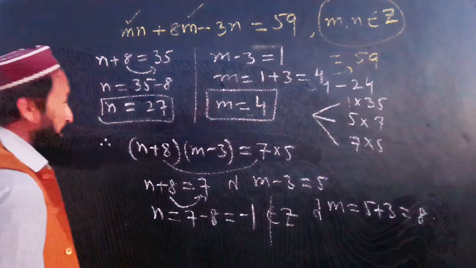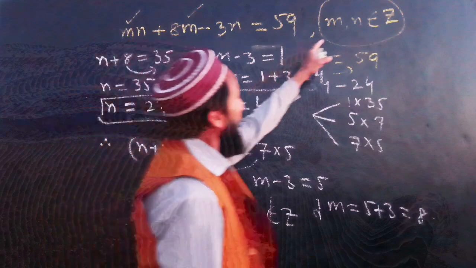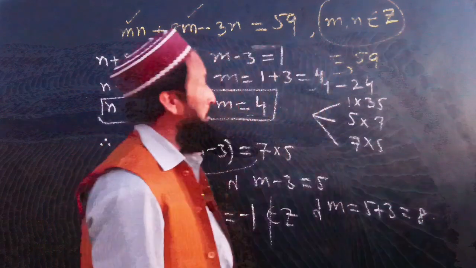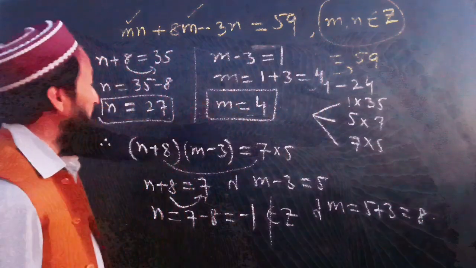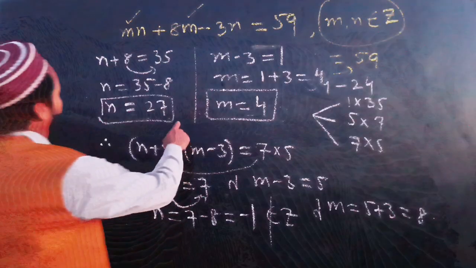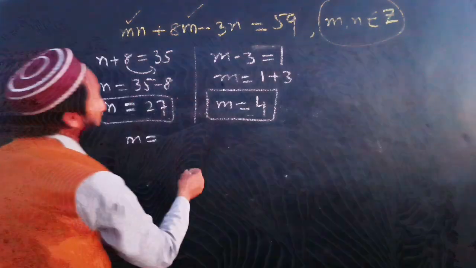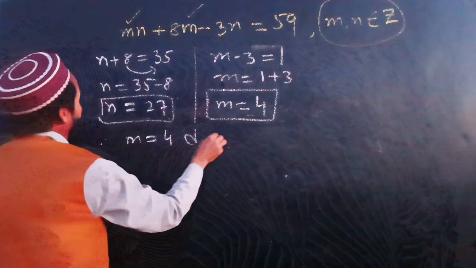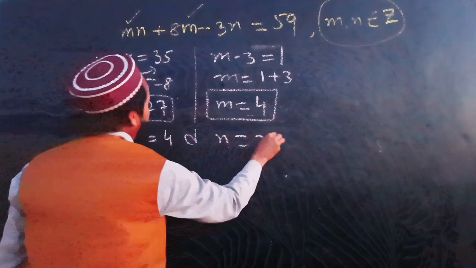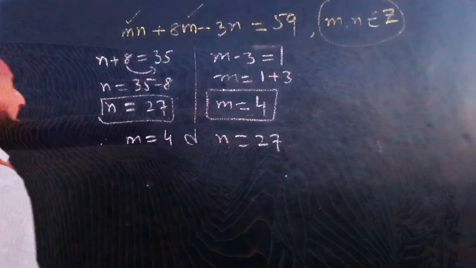It is already given in the question that m and n are both positive integers. So our solution is m equal to 4 and n is equal to 27 is the solution of this question.